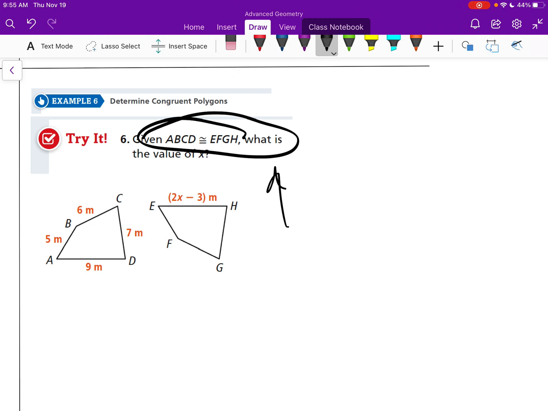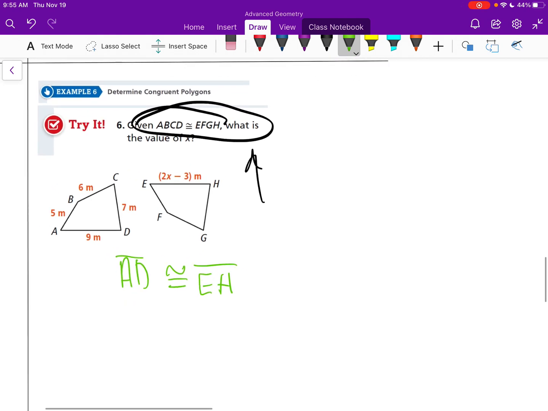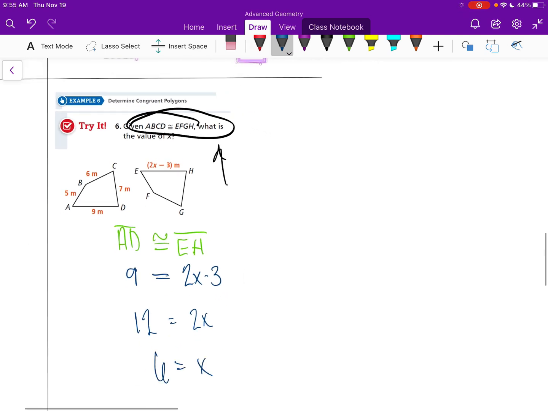And we can see based on this figure that side AD is going to be congruent to side EH. And from there we could solve to figure out what x is, because we know AD is 9 meters, and that means it is equal to 2x minus 3. So we can solve that, and we can find that x is equal to 6. The only main thing you needed to know here was, once you know that this is congruent, their corresponding sides are congruent, which means that 2x minus 3 is equal to 9.